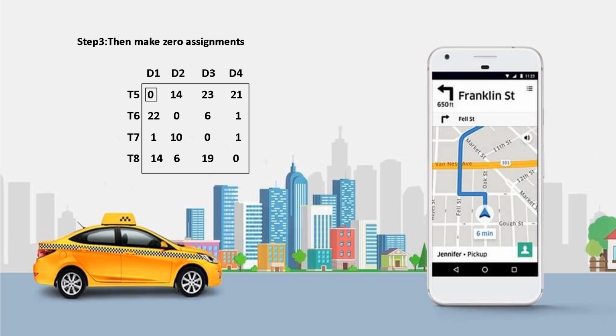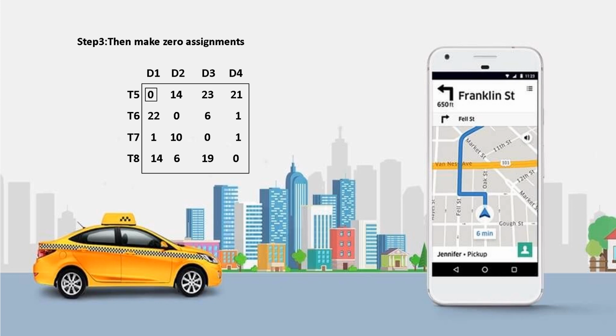So we give the first assignment. If other zeros are present, we can cross them out. Then we proceed in this way to the next row.